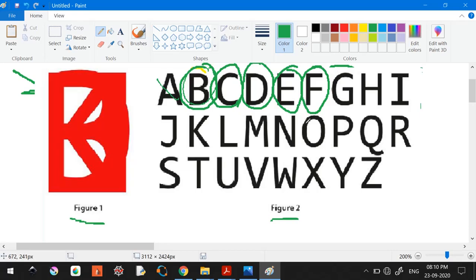G. Let's look at what is happening with G. You need a bend here. It's a straight line bend. If I assume G is like this, it should come like this, which is not possible.